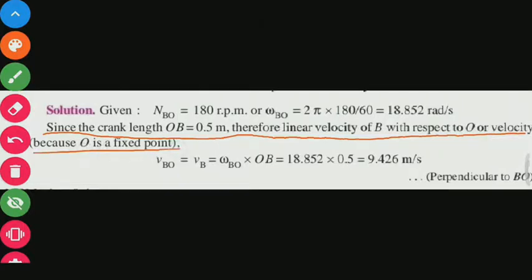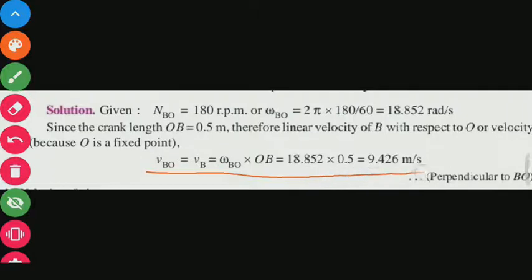Since the crank length OB equals 0.5 meter, the linear velocity of B with respect to O, or velocity of point B, because O is a fixed point, VBO is equal to VB, is equal to omega BO into OB, 18.852 into 0.5, equals 9.42, perpendicular to BO.